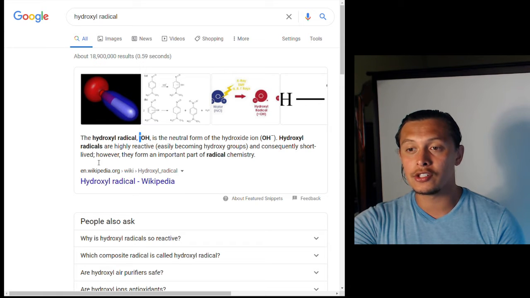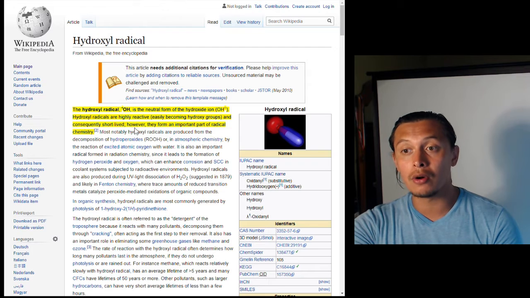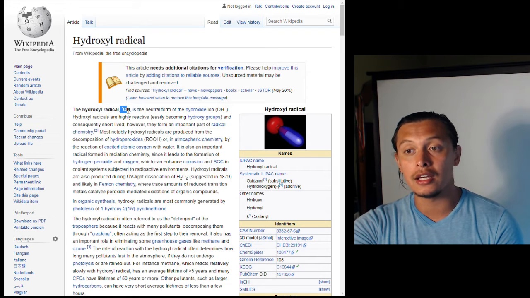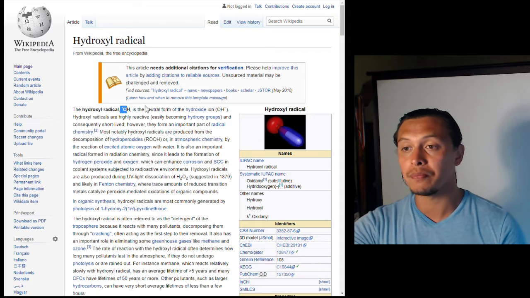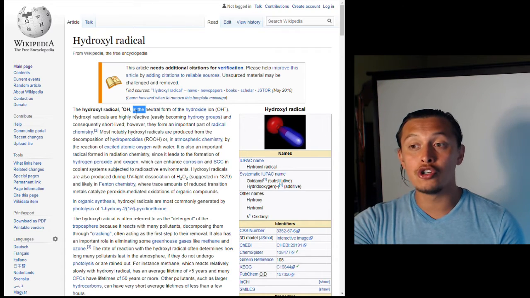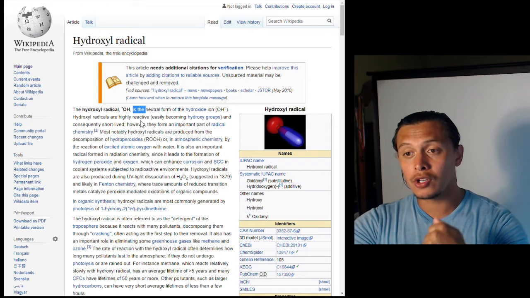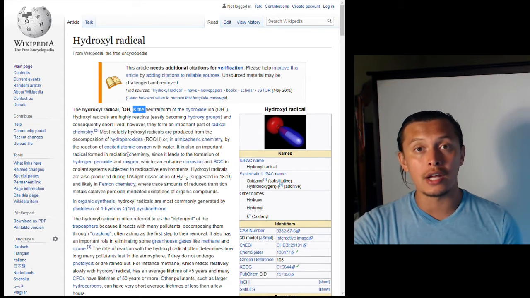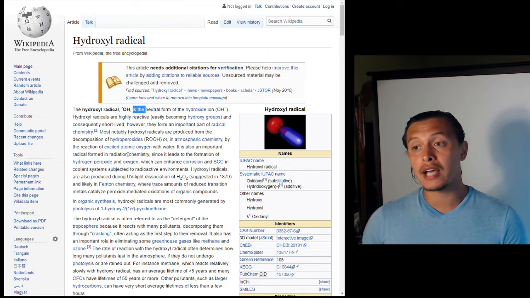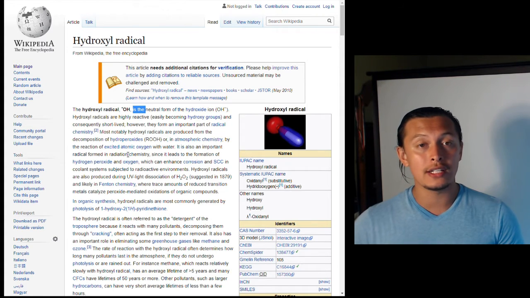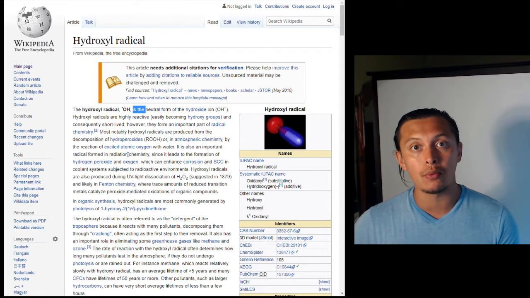For instance, you could have the hydroxyl radical, which will have an unpaired electron on the oxygen, and it is a neutral form of the hydroxide ion. Because this electron is not paired, and because the octet rule has not been satisfied, this radical is very reactive. It can destroy a lot of the proteins and DNA within your body.